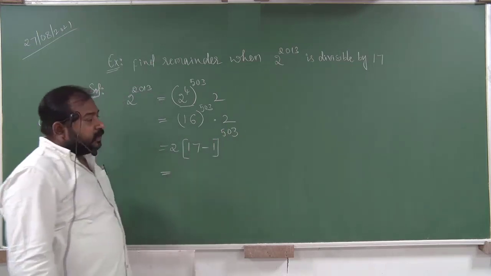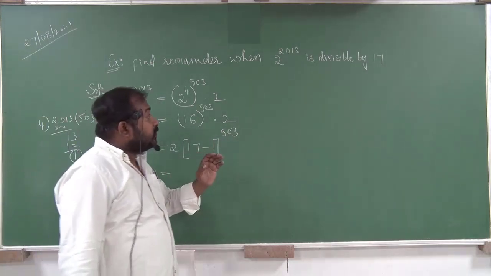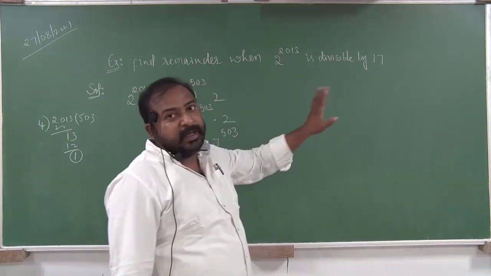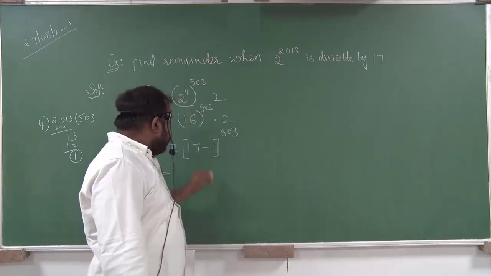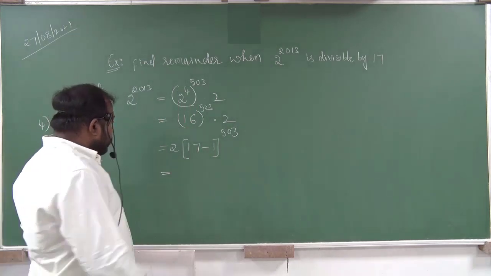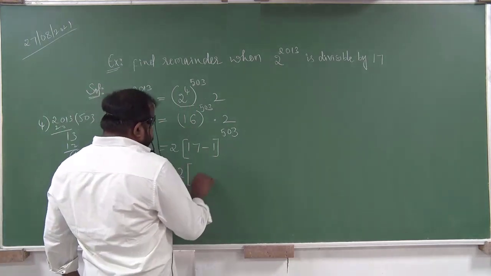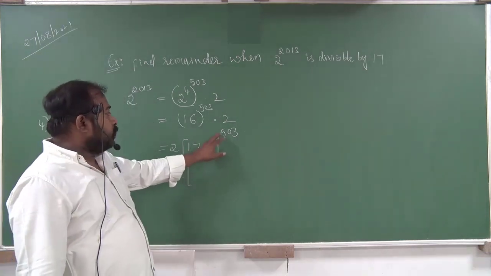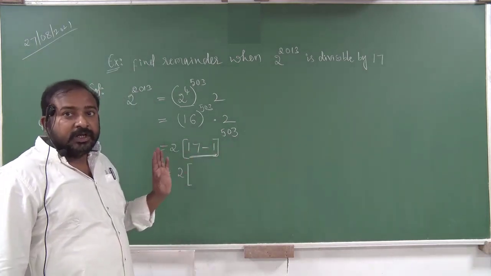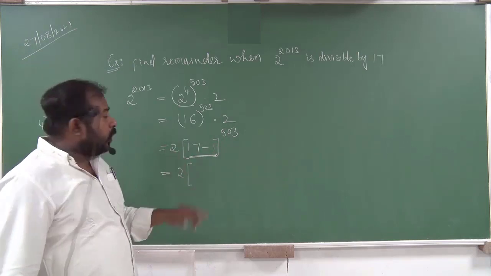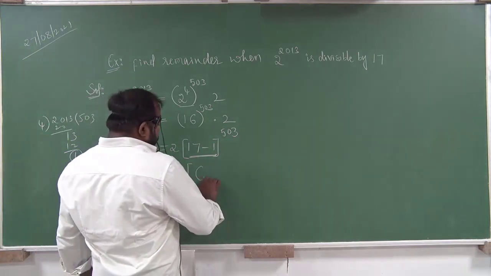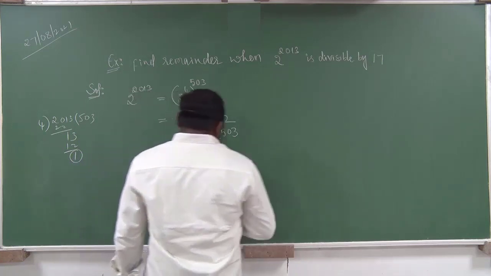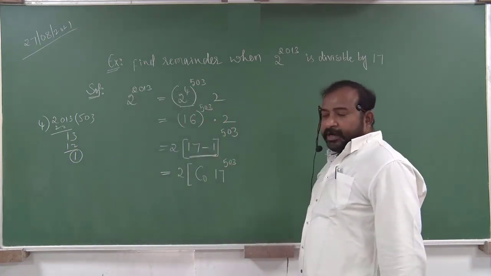Understand, ma'am? Here they are asking what is the remainder when this whole value is divided by 17. So I am proceeding like this. Now listen here. 2 into this is in the form of (a minus b) whole power n, the formula is there. So if you expand this total value, what you will get? Tell me. First of all, C naught into 17 power 503 you will get. Anyway, here minus is there.